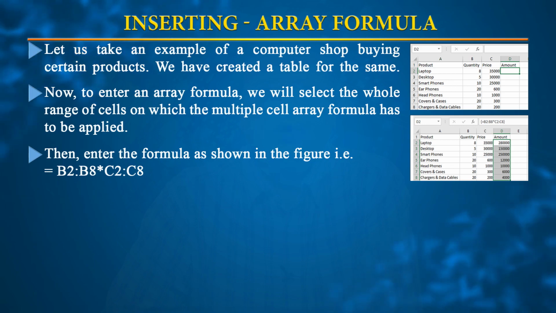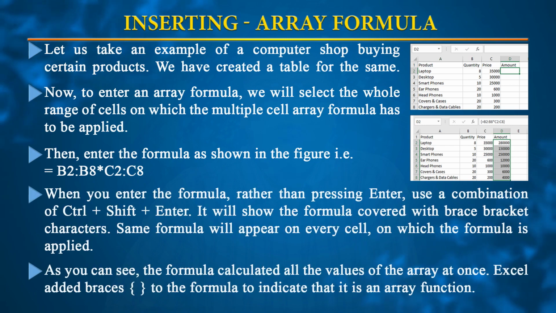This will not work in fact unless you transform this expression into an array formula. To transform this expression into an array formula, you are supposed to select the cells from D2 to D8 and type equal to B2 colon B8 into C2 colon C8, and then control shift and enter is to be pressed altogether.